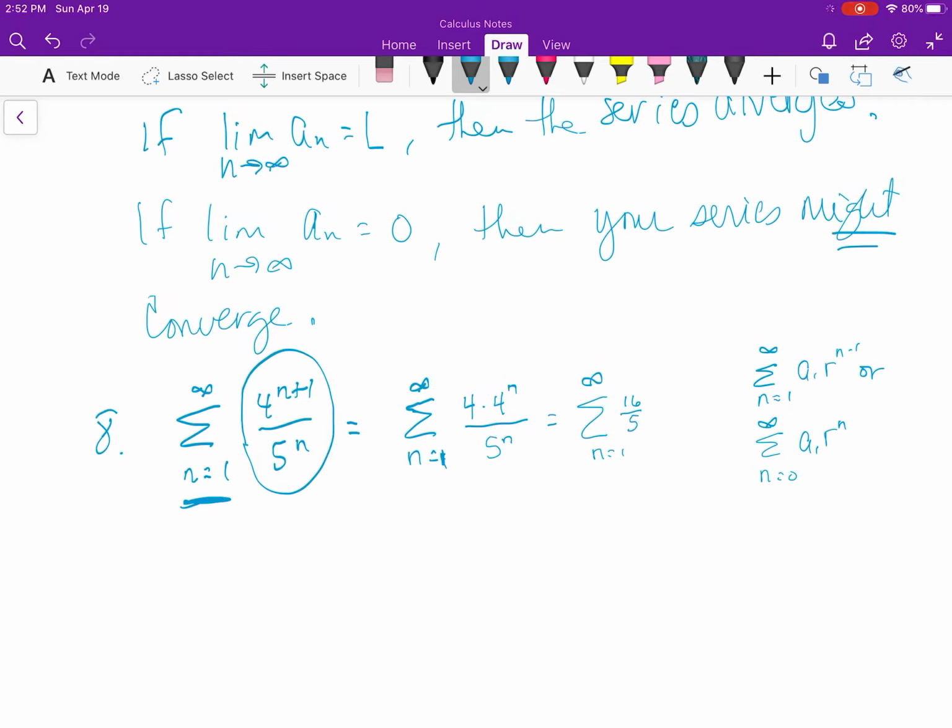How do I get that? If you made this 16/5 and made this 4/5 to the n minus 1, are you still going to have the same thing?